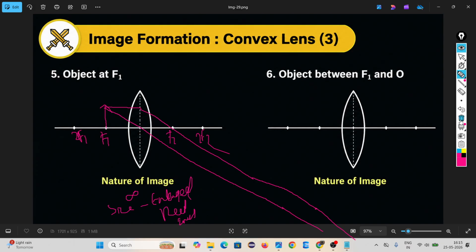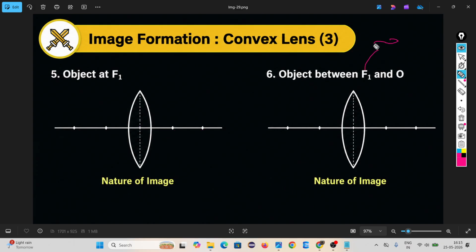Sixth one, most important. Object is between F1 and optical center. Same, one parallel, one through the optical center. If parallel, then through focus.